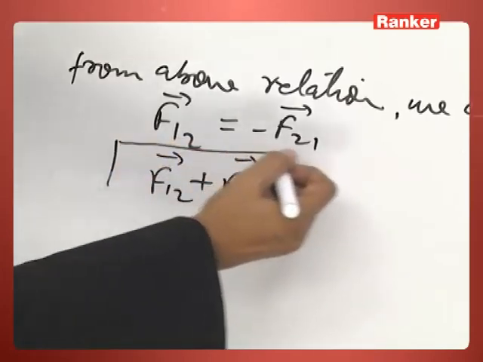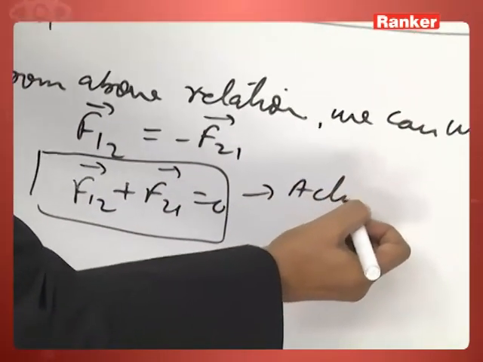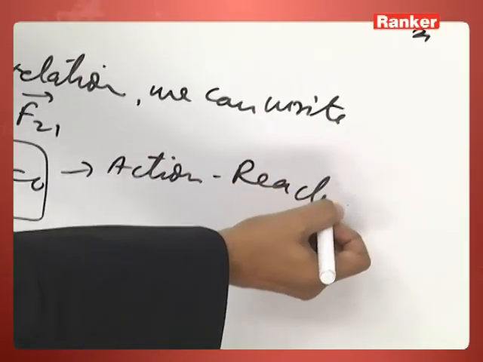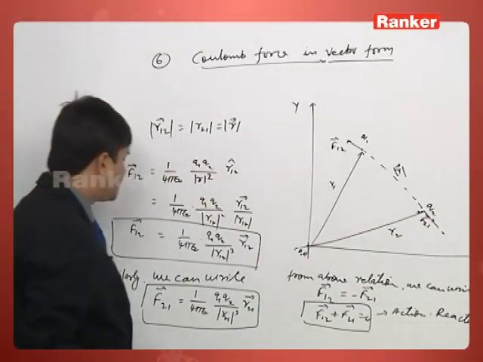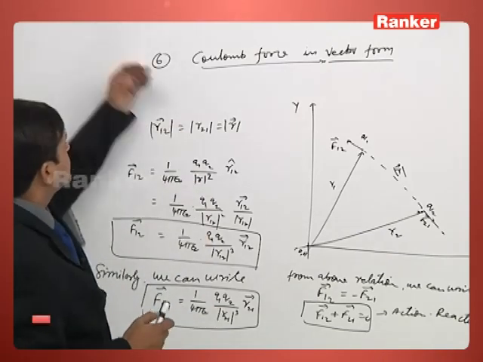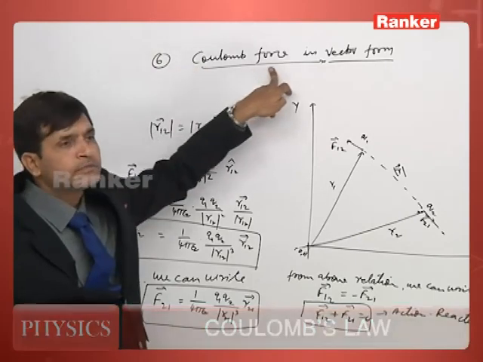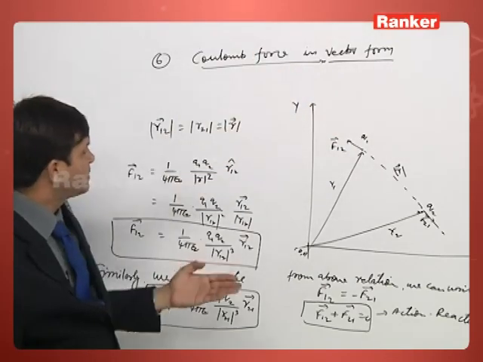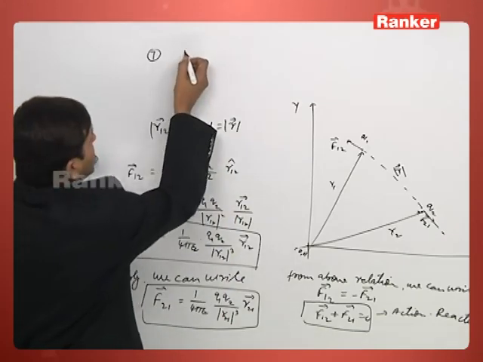These two forces are action reaction forces. That gives you the derivation also for action reaction force, and in vector form we can write like this. So this is another point, the sixth point we can say, the Coulomb force in vector form, how to represent the force in a vector form.